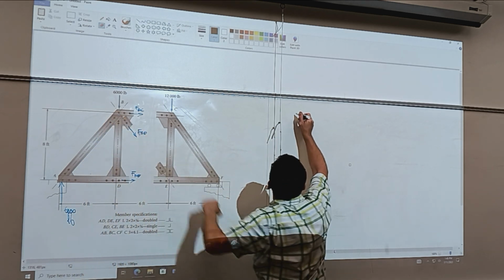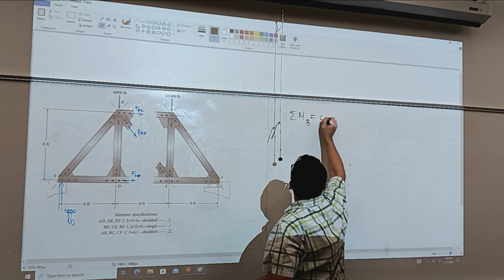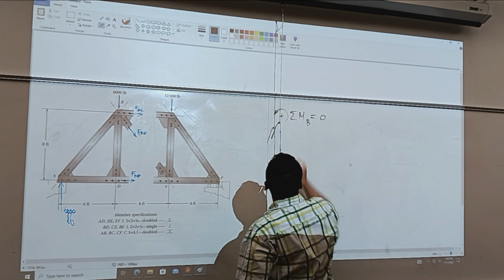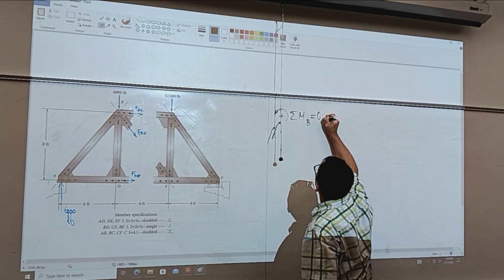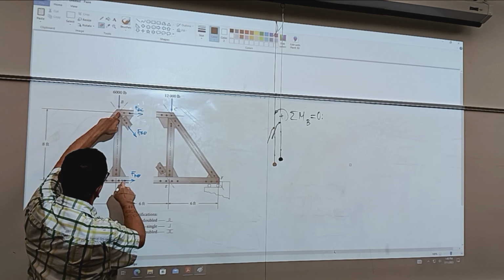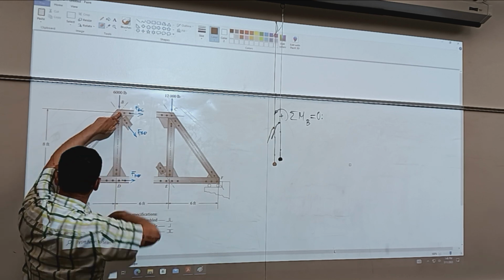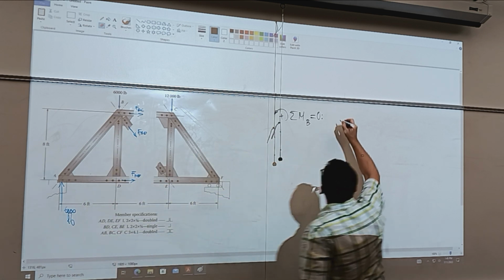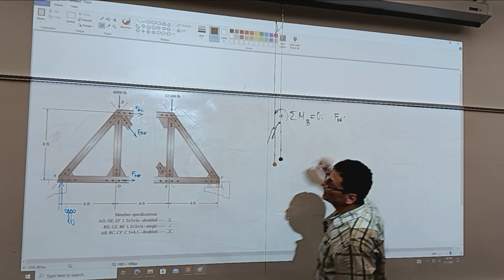So I'm going to say sum of moments about point B equals 0. Again, assume positive counterclockwise, and let's see what it translates into. So it's going to be FDE, which causes, as shown, a positive moment. So it's going to be FDE, which is an unknown. And what's the arm of it?